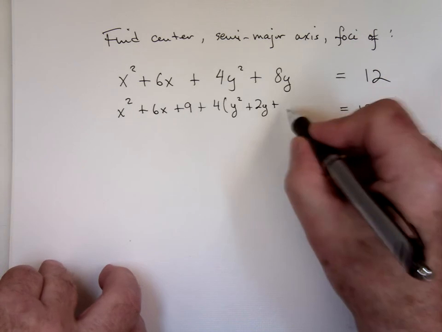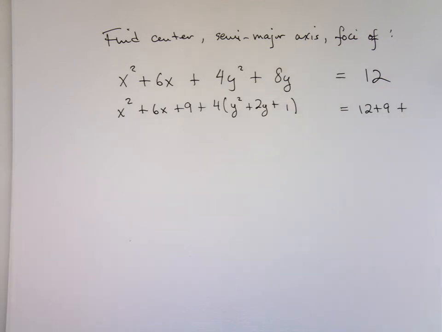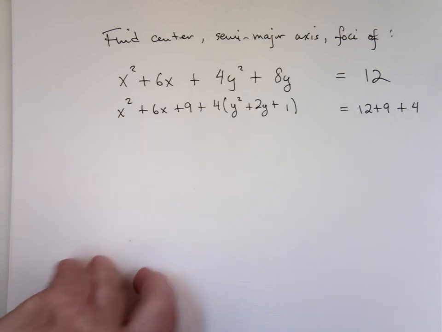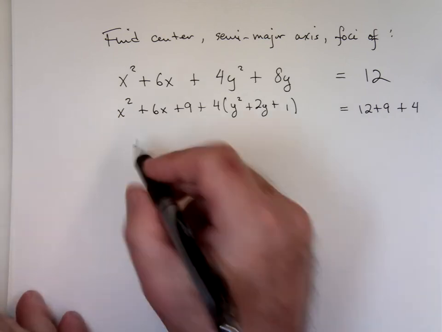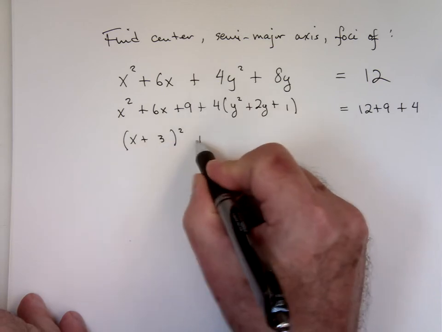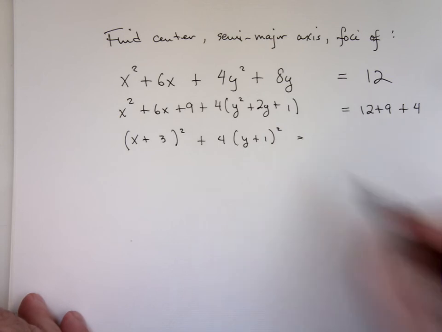What do I have to add to the other side to compensate? 4. Because what I've really done is added 4 to this side. Okay? So, x plus 3 squared plus 4 times y plus 1 squared is equal to 25.